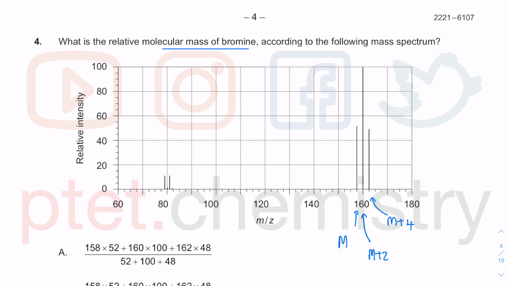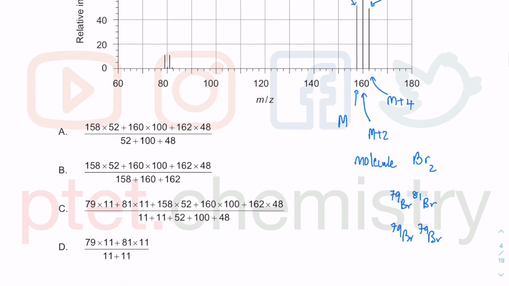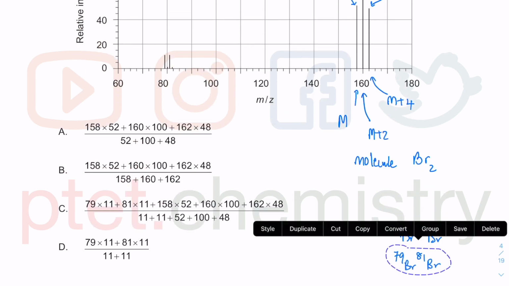So if that is 160, this is 162, this is 158. And those must be for the molecule which contained 2 bromine, and you can get 2 combinations, which is 79 bromine, 81 bromine, 79 bromine, 79 bromine, and you could get the other one, which is going to be 81 bromine, 81 bromine.